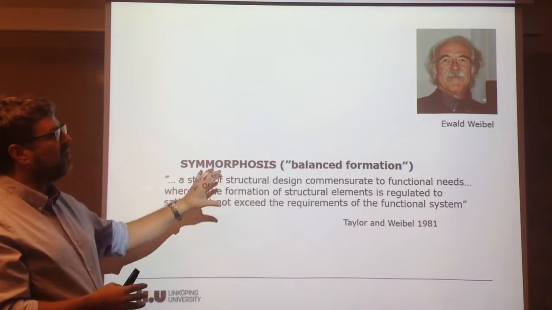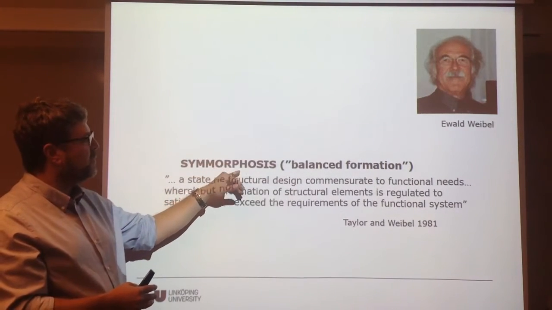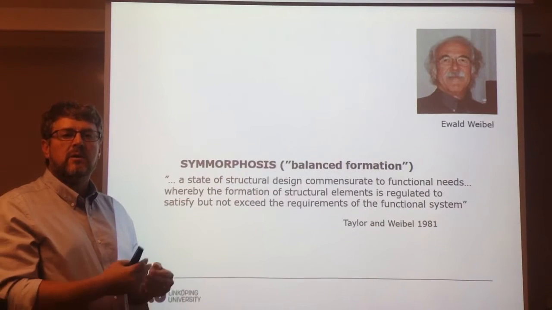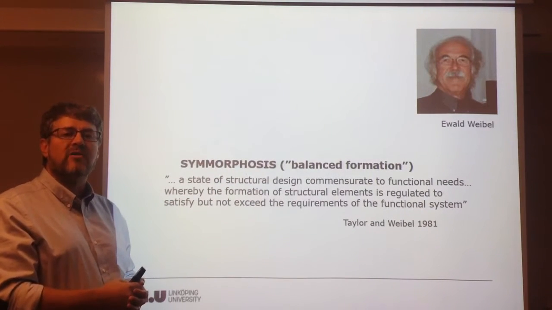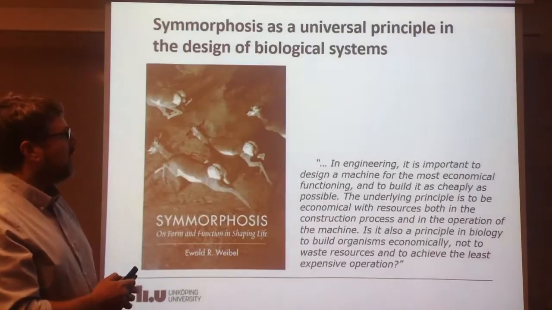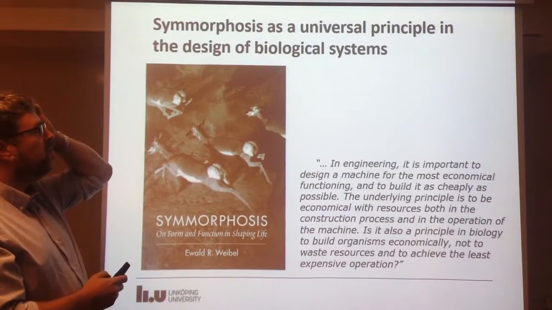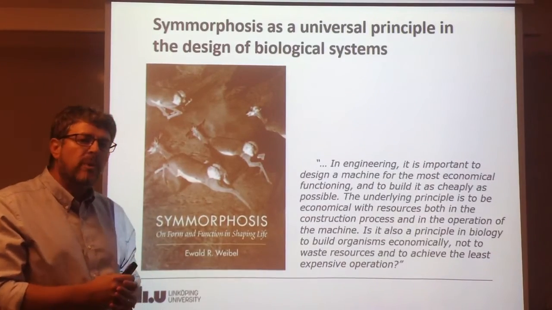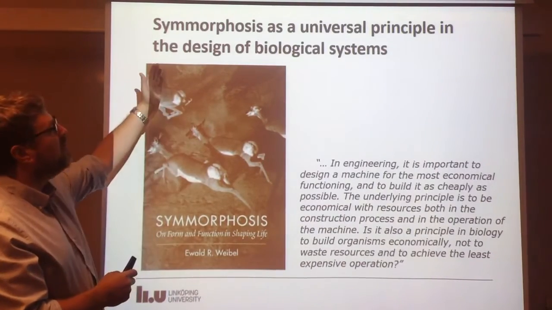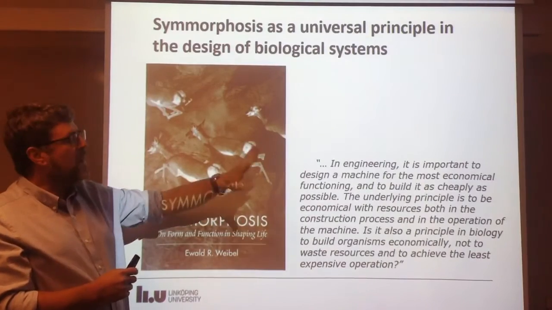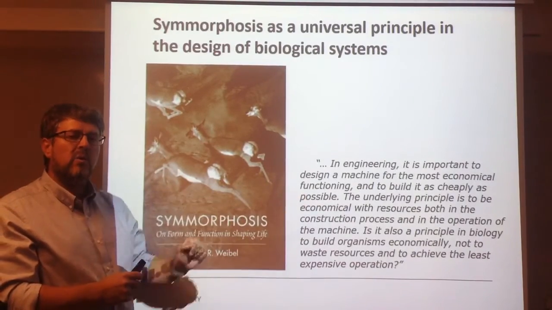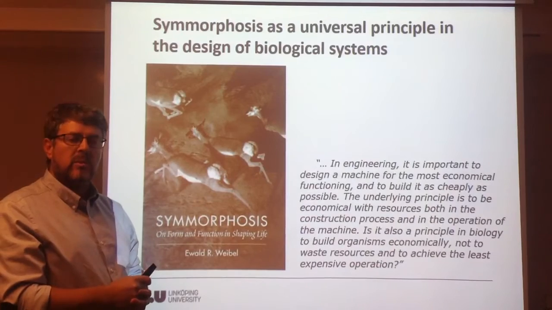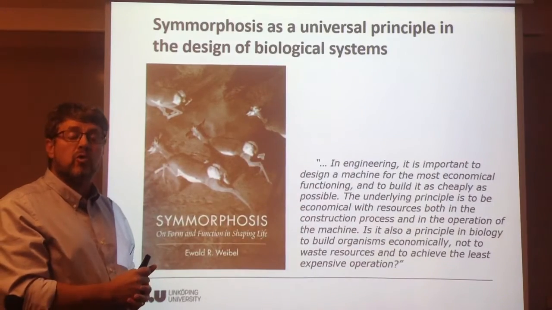And notice that this is a principle that is particularly applicable to the oxygen cascade, as we reviewed in the previous lecture. In their Symmorphosis book, basically they envision symmorphosis as a universal principle in the design of biological systems. And they made an analogy to an engineering situation that you can read here, but I'm not going to describe.